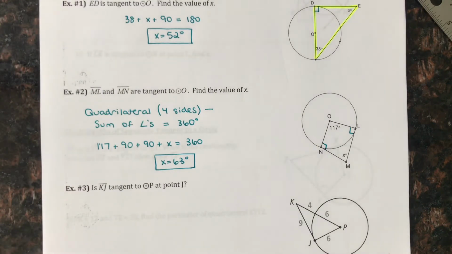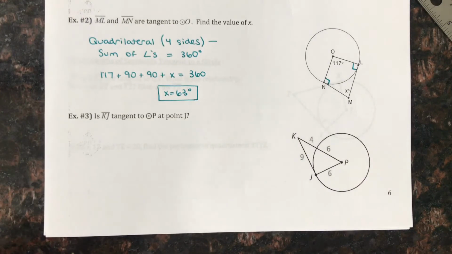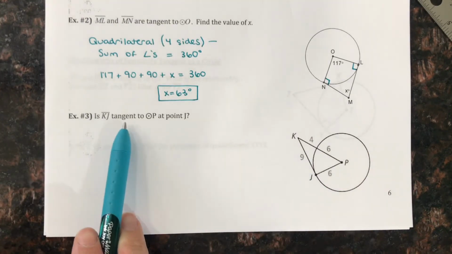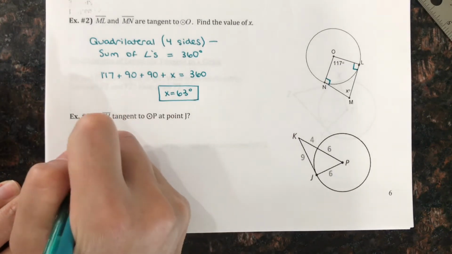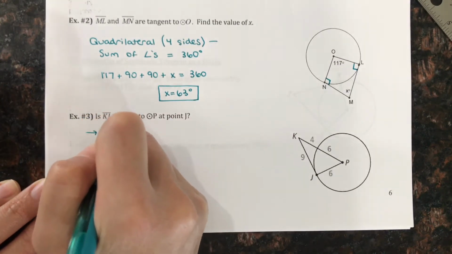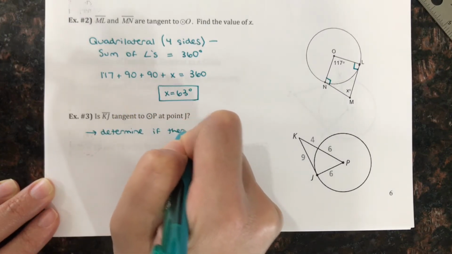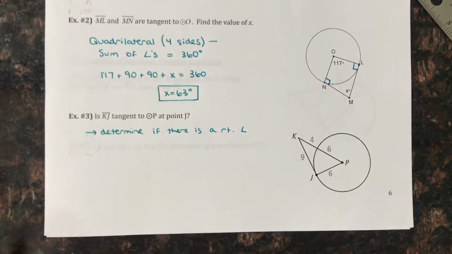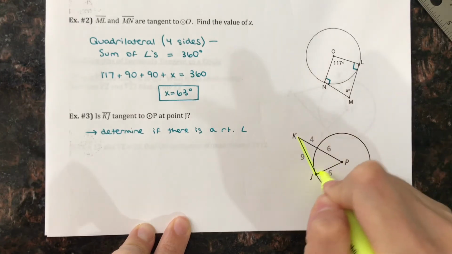Okay. Now our last problem on this page says, is KJ, this line out here, tangent to circle P at point J? We need to determine if there is a right angle. Now you'll notice that it is a triangle in this picture.